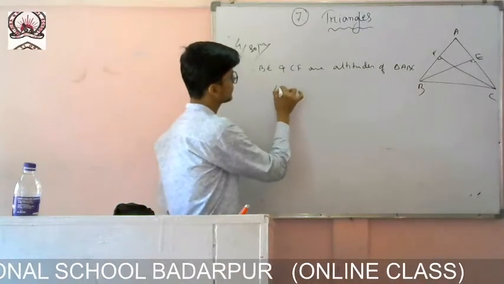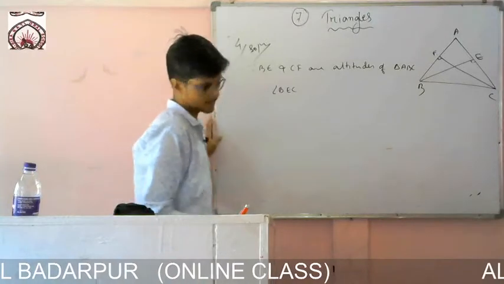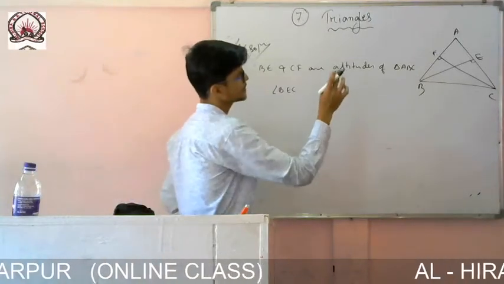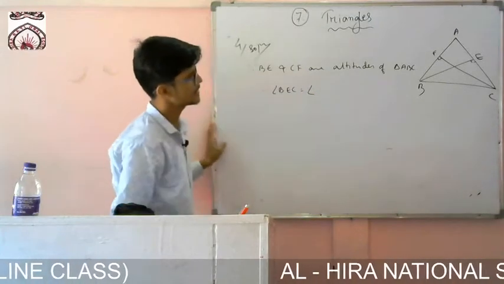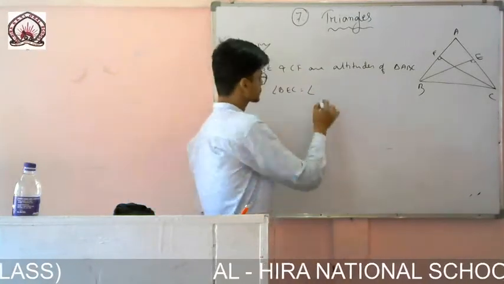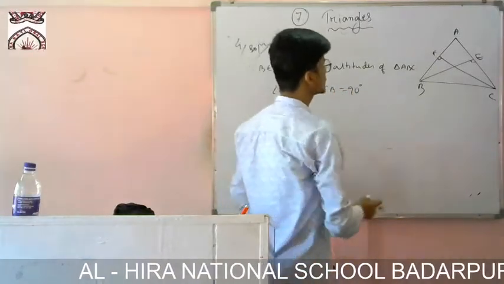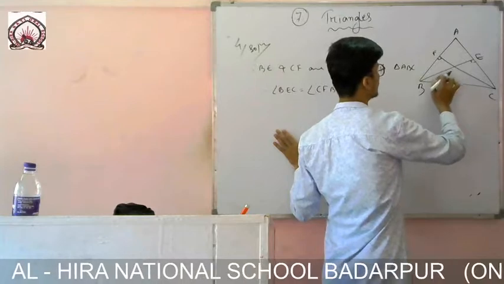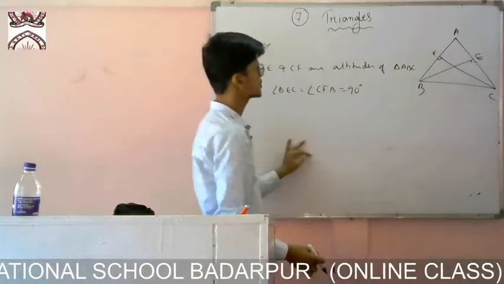therefore angle BEC is equal to angle CFB equals 90 degrees. Since these two are the altitudes, BEC and CFB are equal to 90 degrees.